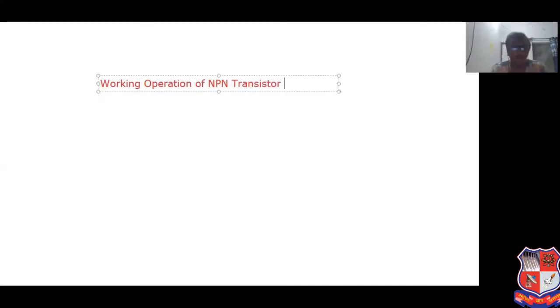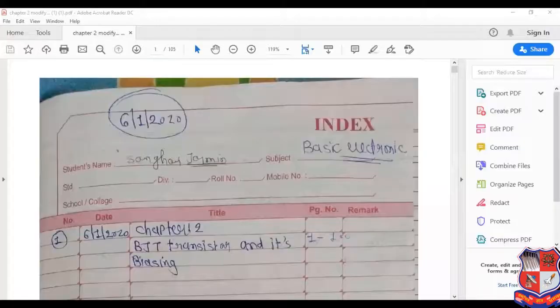So see this PDF. What is the meaning of transistor? Why is it known as transistor? What are the types and symbols of transistor? With the help of diode, we will not be able to amplify the signal.